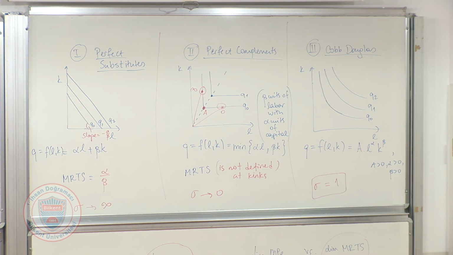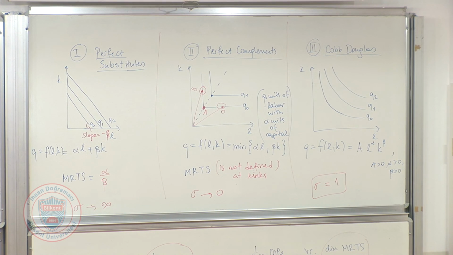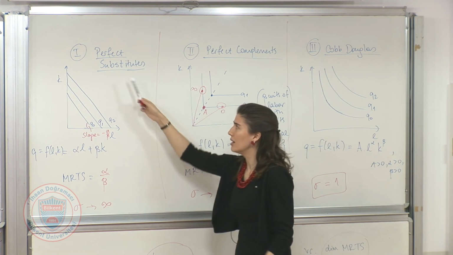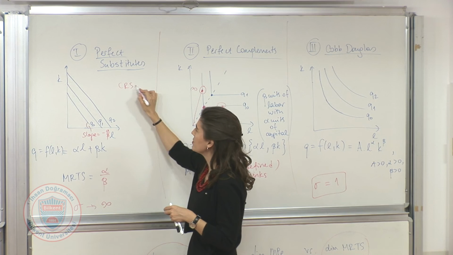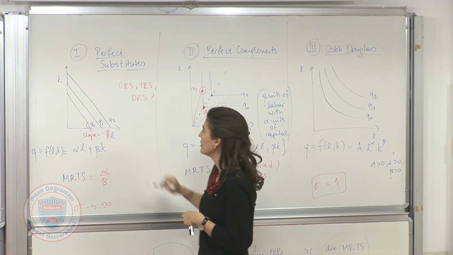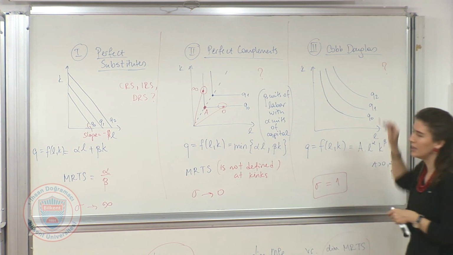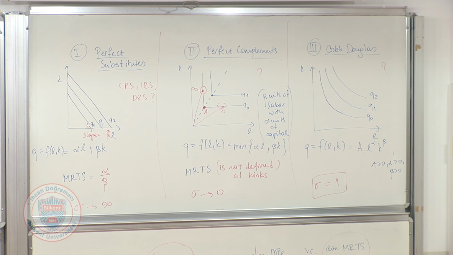And a tiny task, so we'll stop here, but for you: do you think we have, in this case, constant returns to scale, increasing returns to scale, or decreasing returns to scale? Which one? And similarly here, which one? Similarly here, which one? Okay? So try to figure those out. Now you know how to.